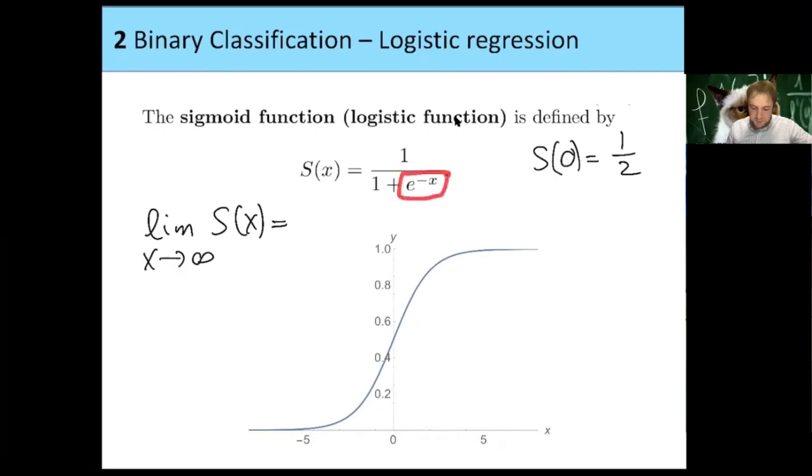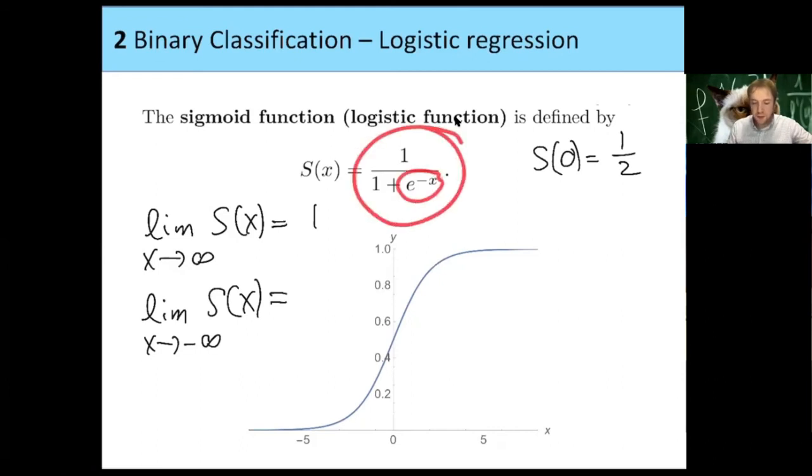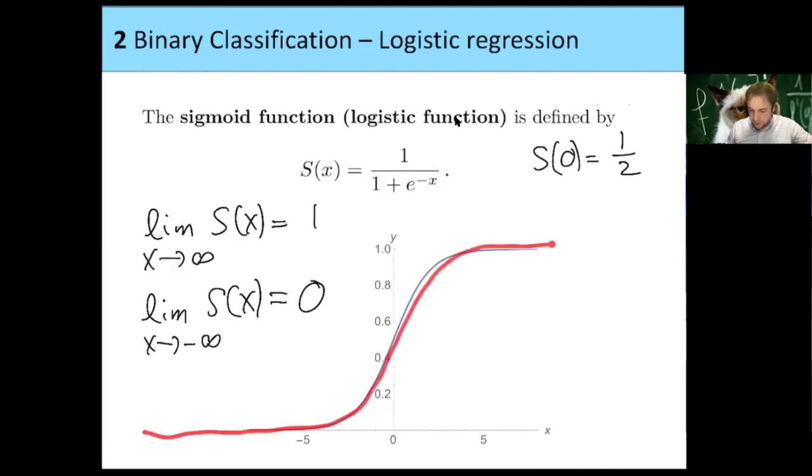What happens if e to the minus x goes to 0? Then the denominator goes to 1, and therefore this whole thing goes to 1. And if x goes to minus infinity, then e to the minus x goes to infinity, and therefore this whole thing goes to 0. Like you see in the picture here, it's really between 0 and 1, and in the middle it's 1/2.